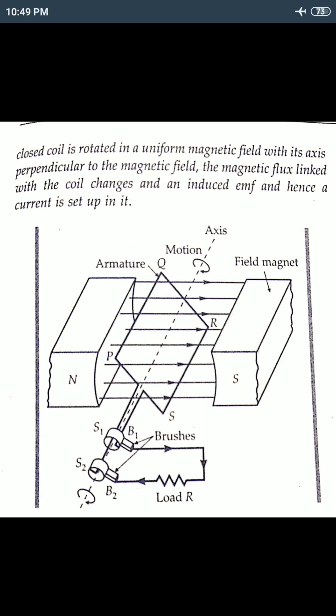The thumb represents the direction of force, upward. The forefinger represents the magnetic flux, and the middle finger represents the induced current direction, and we get the induced current direction as P to Q. In RS the current direction is R to S. After half a rotation, when PQ goes in the downward direction and RS in the upward direction, the current direction is also reversed. At that time the current direction in PQ is opposite to the first one. This is how it works.